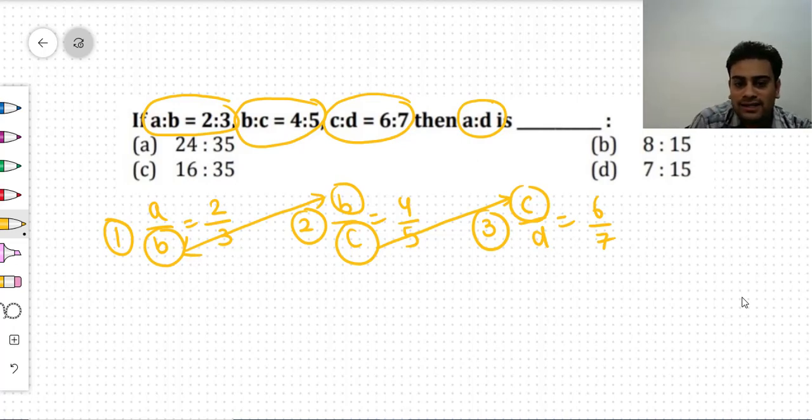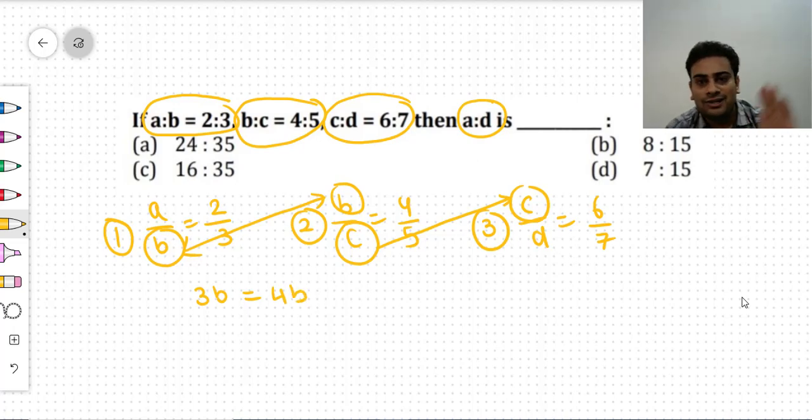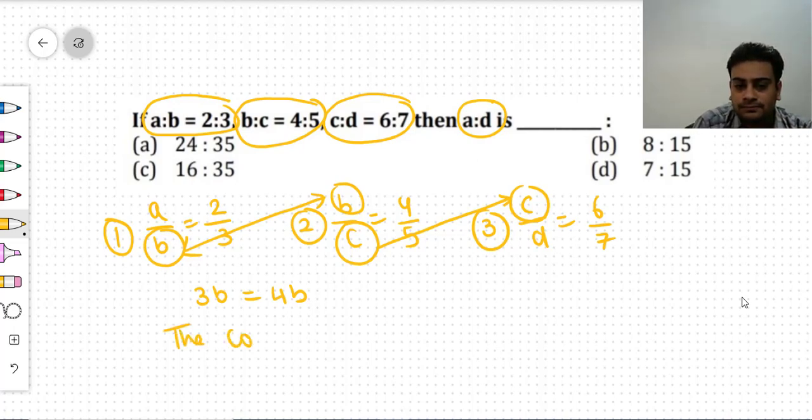So we can say that 3b is equal to 4b. Right? 3b in the first ratio and 4b in the second ratio, both are equal. So you can find the common number in both the ratios, right? 3b and 4b. So the common number is 12.